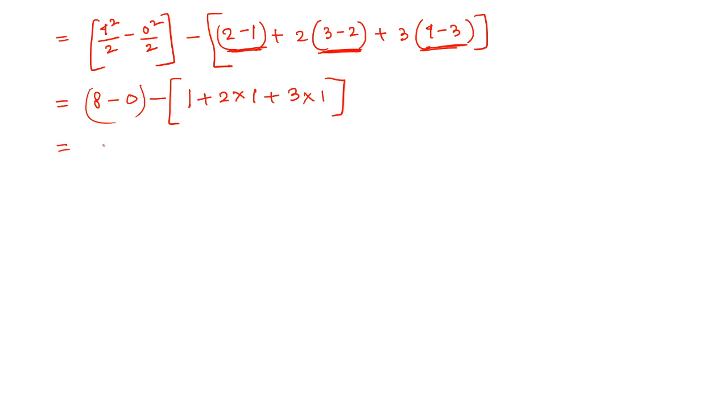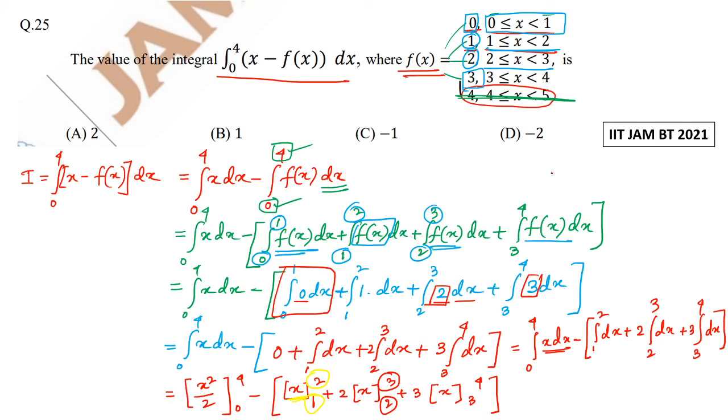So we get 8 minus, so 1 plus 2 into 1 is 2, plus 3 into 1 is 3, so 3 plus 2 plus 1, that is 6, so 8 minus 6, that is equal 2. So our answer for this question is 2. Which option? It is option A. So we get the value of integration, this I equal 2.